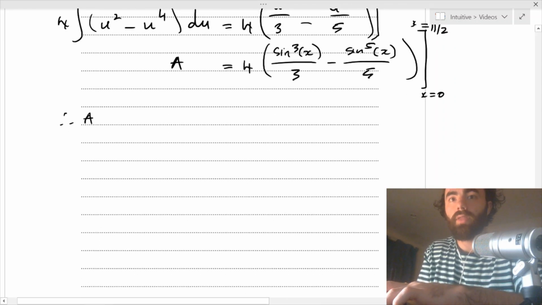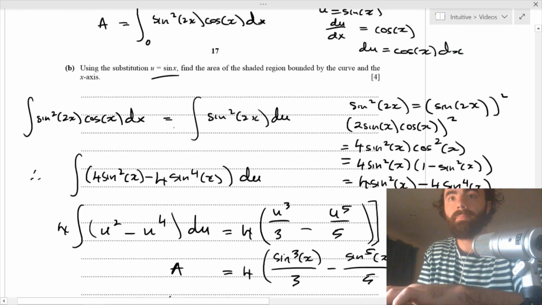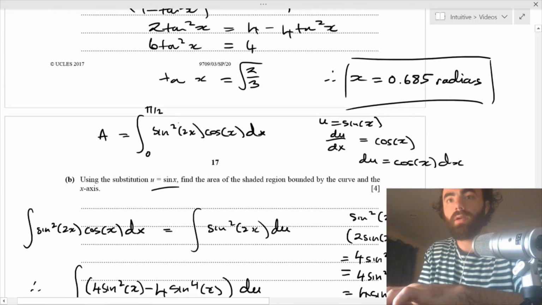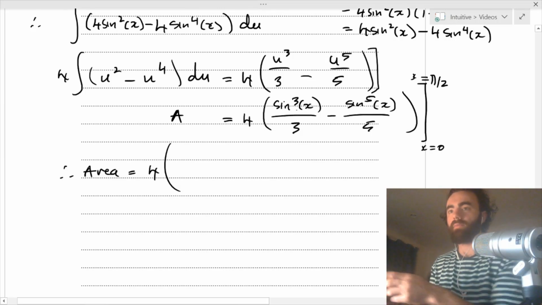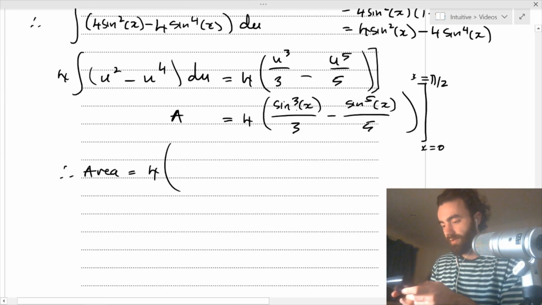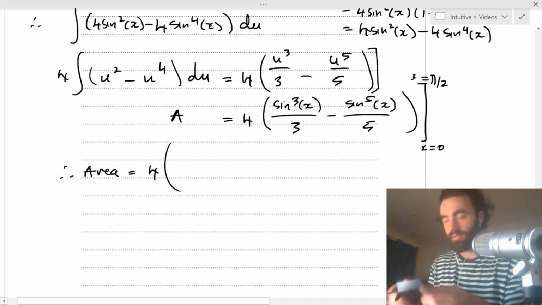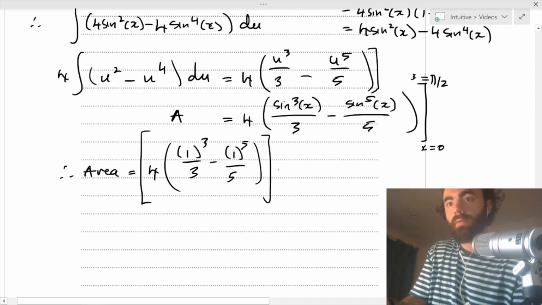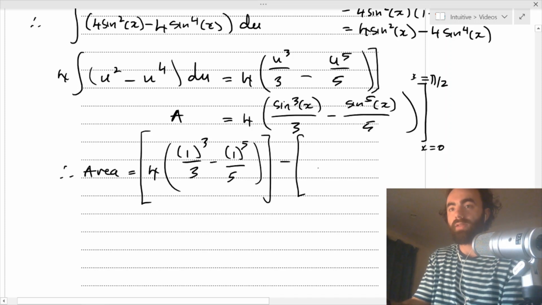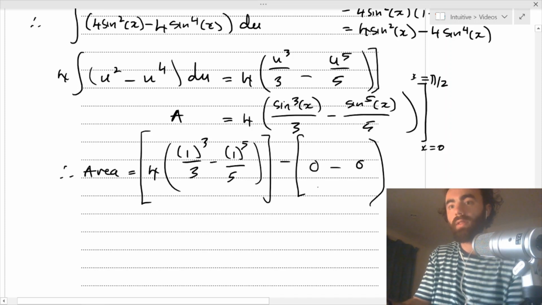So therefore, the area is equal to 4 times, well, sine of pi over 2, which is 1. So this is 1 cubed over 3 minus 1 to the 5 over 5, minus, when x is 0, sine of 0 is 0, so this is 0 minus 0.